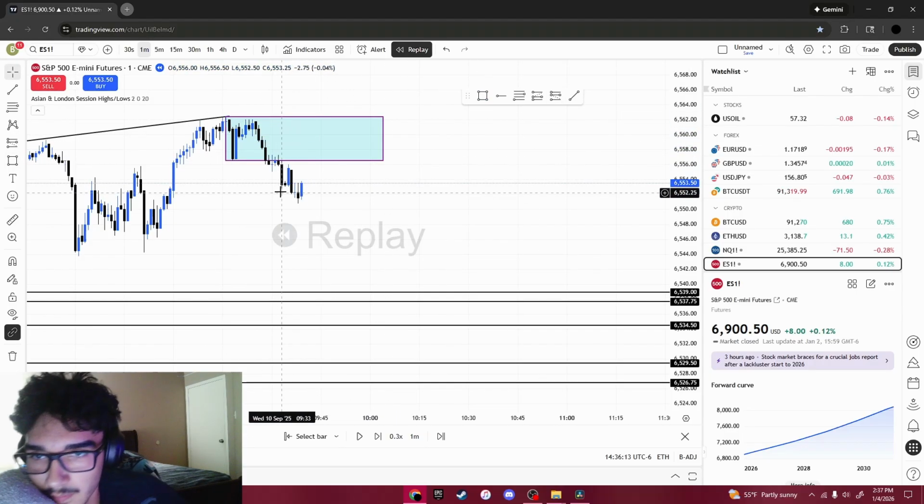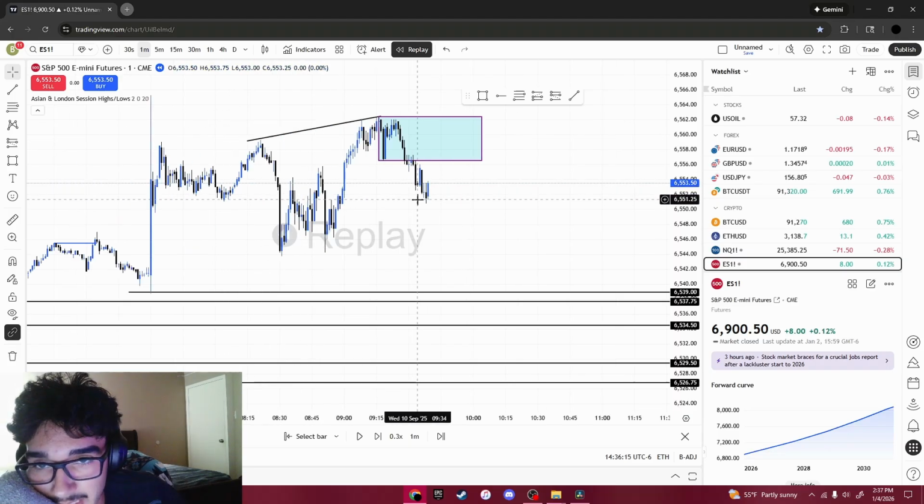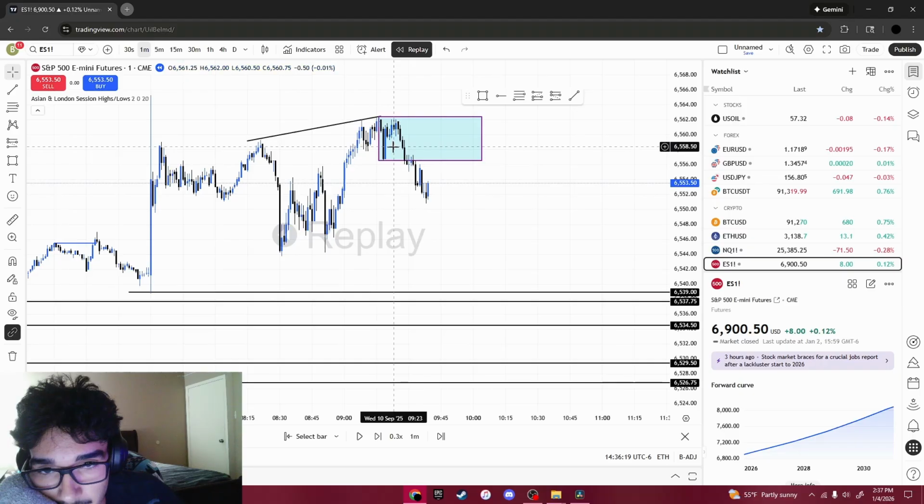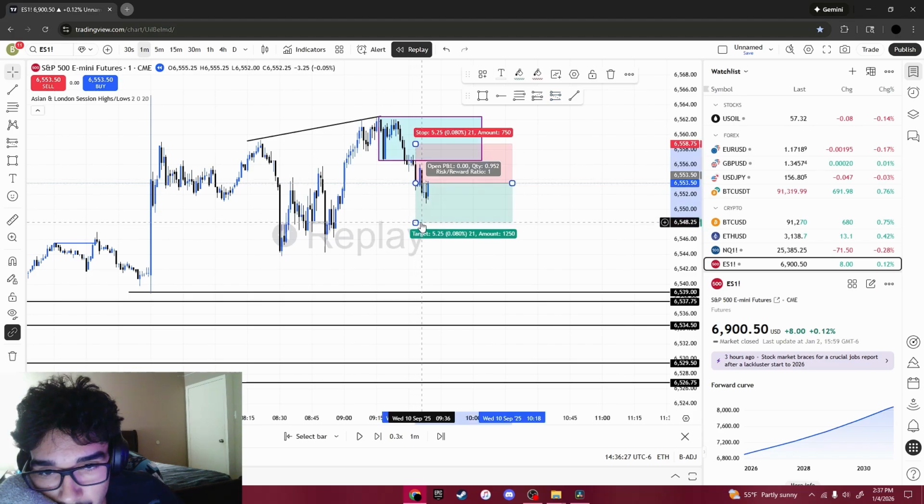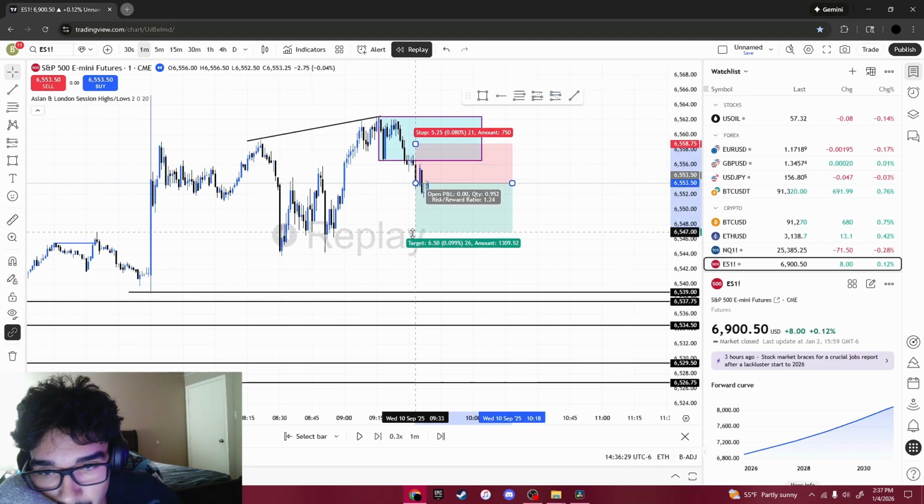Order block, SMT divergence plus liquidity sweep. Target these areas of liquidity first, then these, then these, then these.